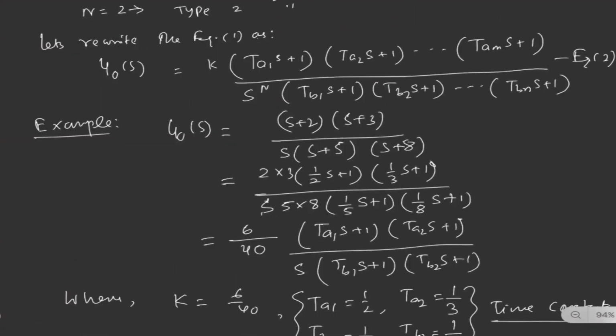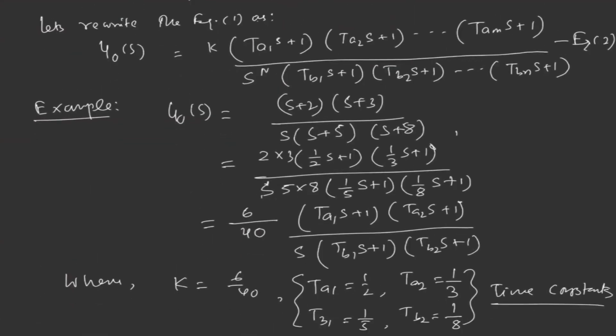Basically, if you notice, what is the closed loop transfer function? We had Gp of S, Gc of S divided by 1 plus Gp of S, Gc of S. So this is denoted by G naught of S, right?